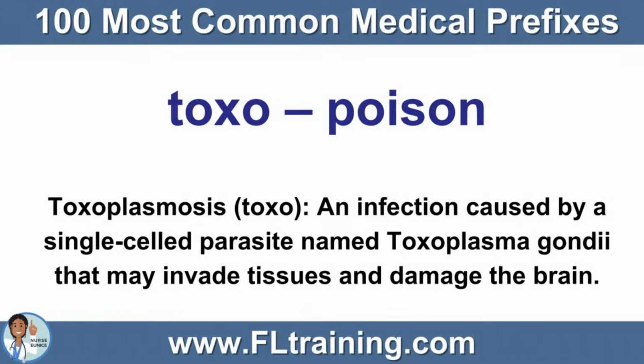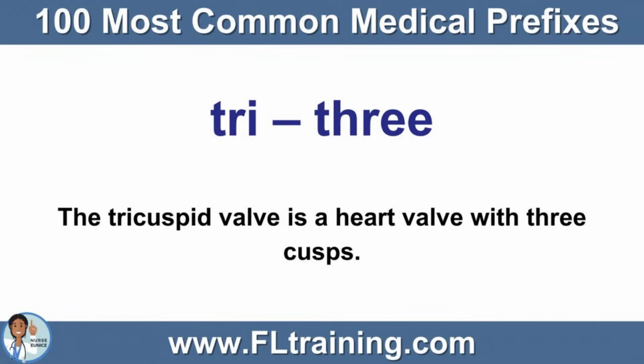Toxoplasmosis is an infection caused by a single-celled parasite named Toxoplasma gondii that may invade tissues and damage the brain. Tri means three. The tricuspid valve is a heart valve with three cusps or leaves. Tricuspid, a valve that has three cusps.